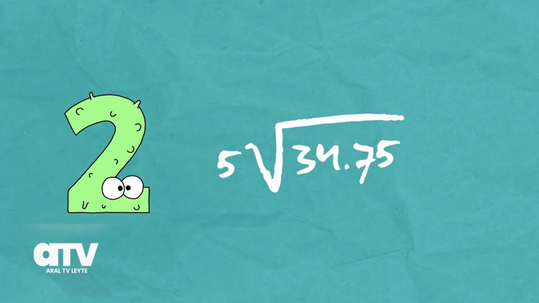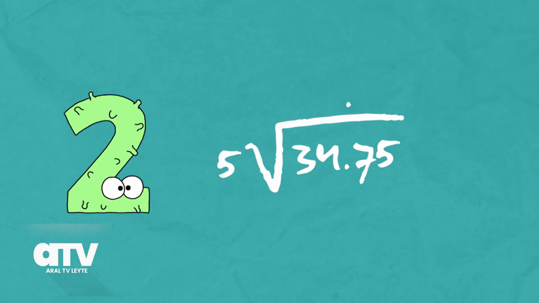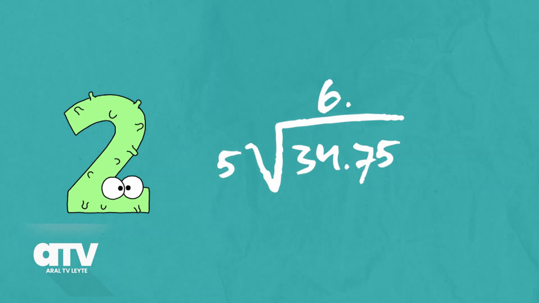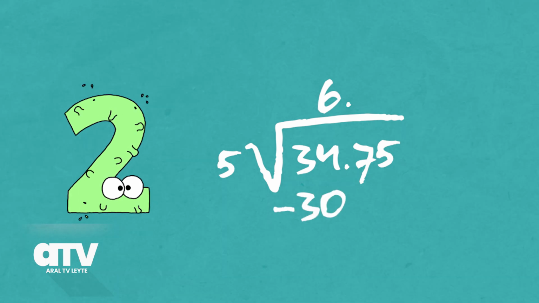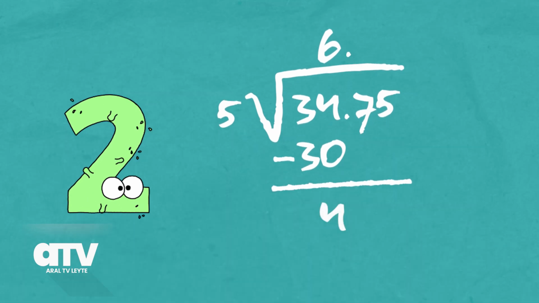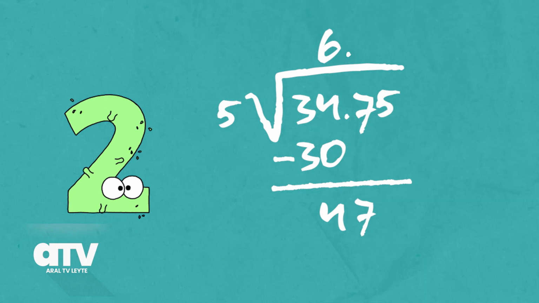Divide 34 and 75 hundredths divided by 5. 34 divided by 5 is equal to 6. 6 times 5 is equal to 30. 34 minus 30 is equal to 4. Bring down 7. We have 47.